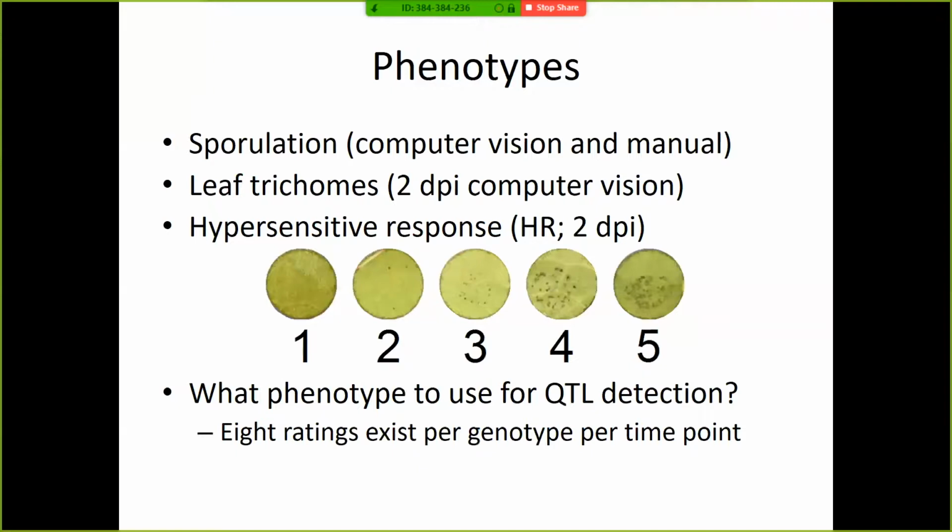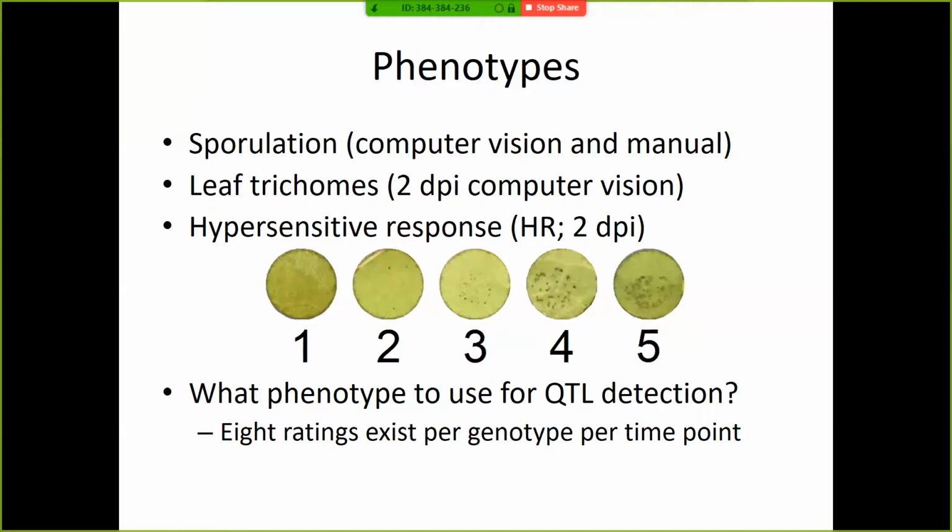And we also collected hypersensitive response, or RH, ratings, which were collected at 2 days post-inoculation before any sporulation. Essentially the rating scale is the detection of black dots, which represent necrosis.